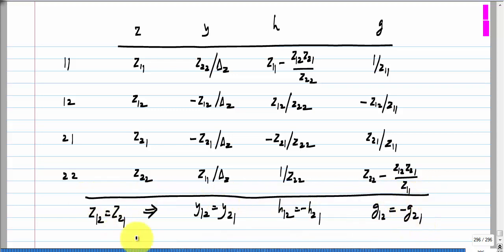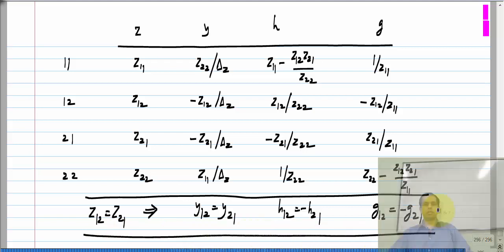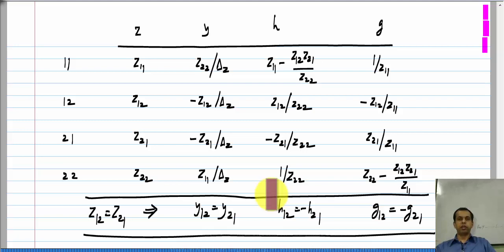Okay. Is this fine? And these turn out to be very useful relationships as well, because many times they give you a tremendous shortcut in solving for certain types of circuits for certain types of questions.